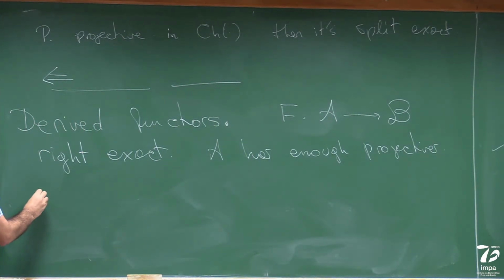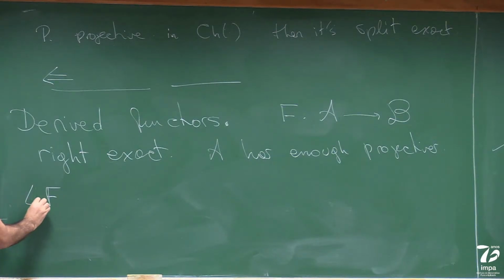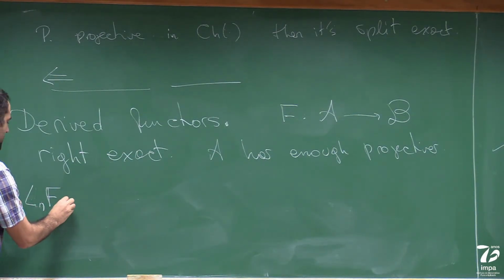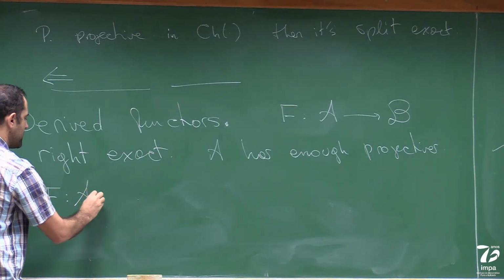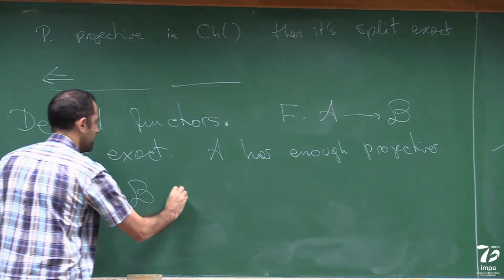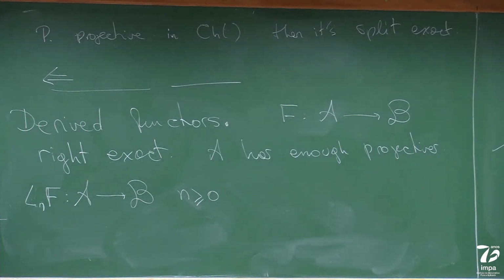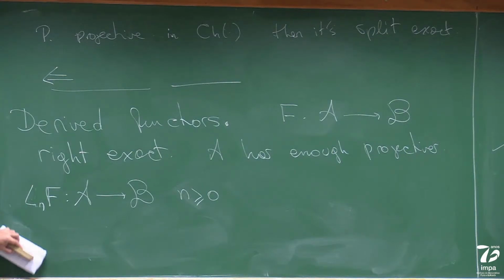Then let me define the left-derived functors, LnF. These are going to be functors from A to B for each n bigger or equal than 0. And they're going to be defined as follows.